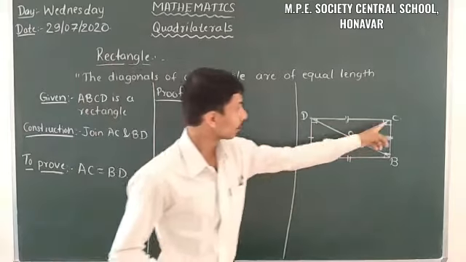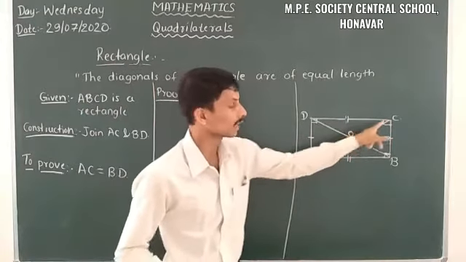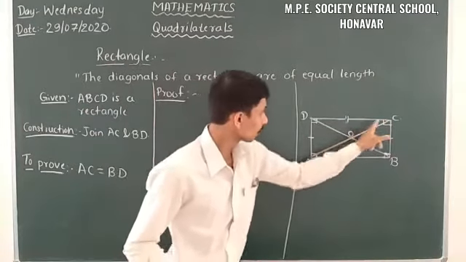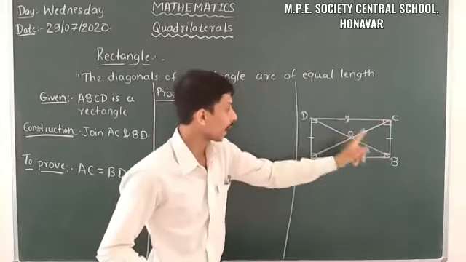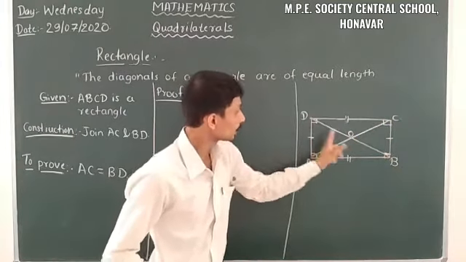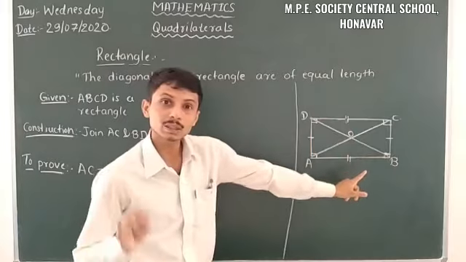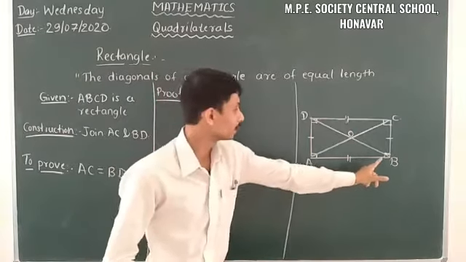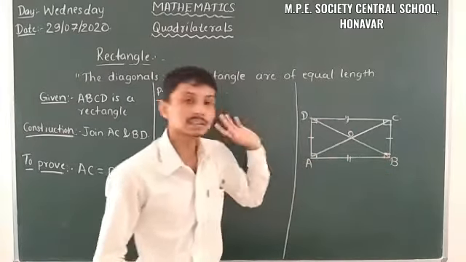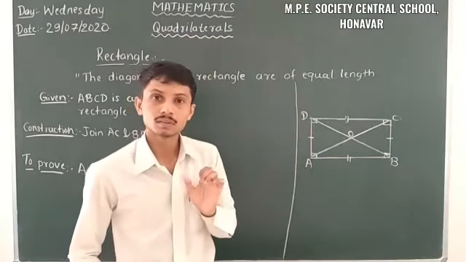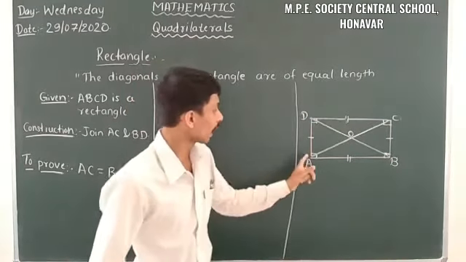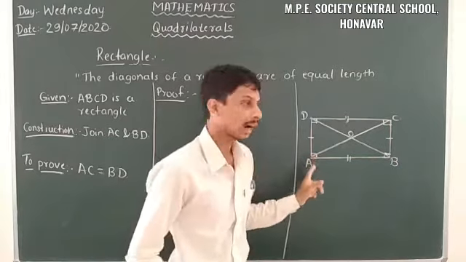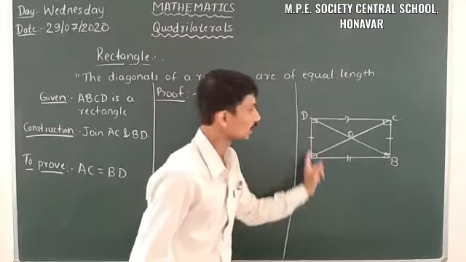When we consider AC as a side of one triangle, ABC is one triangle, and taking BD as a side of the other triangle, ABD is the other triangle.